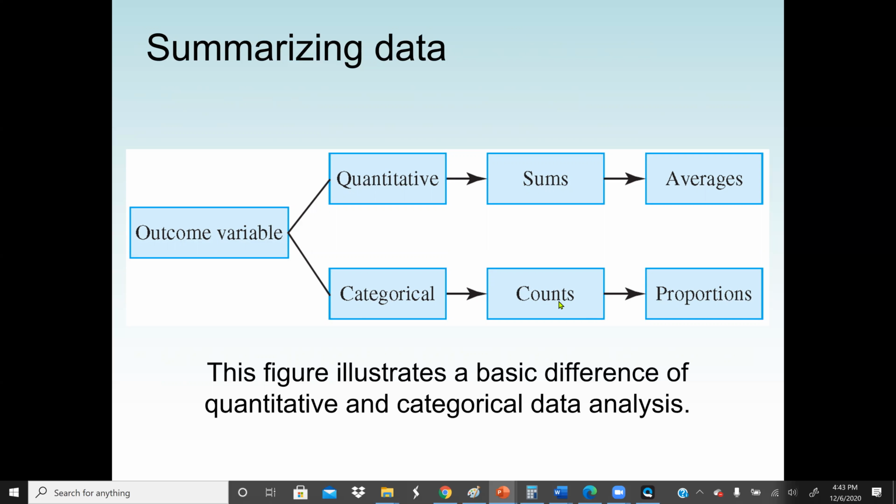Based on counting, we can find the proportion. Let's say 10% of the patients tested negative, that's a proportion. But with quantitative data, we can find the sum, the average, the standard deviation, etc. So those are the two main types of testing, either parametric testing or non-parametric testing.